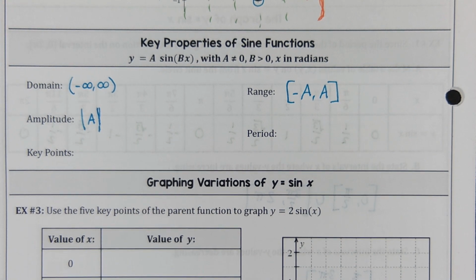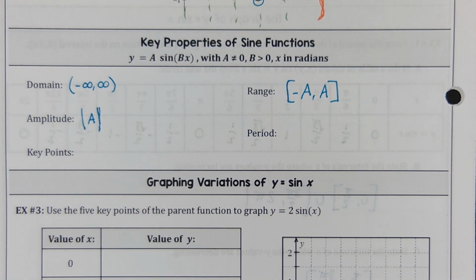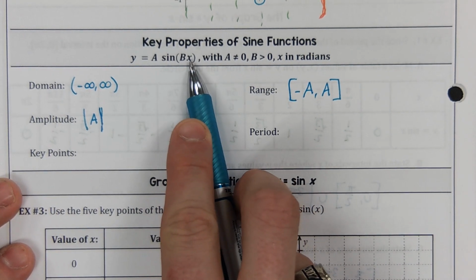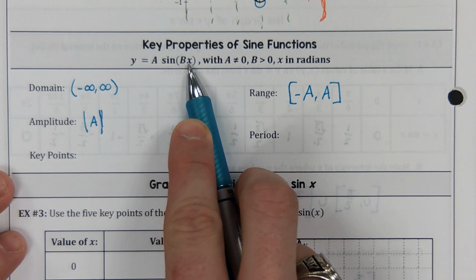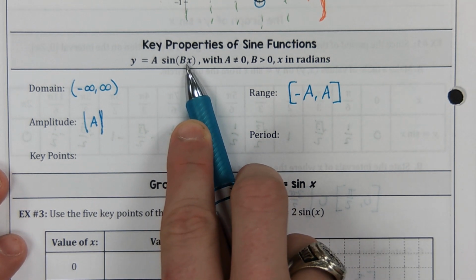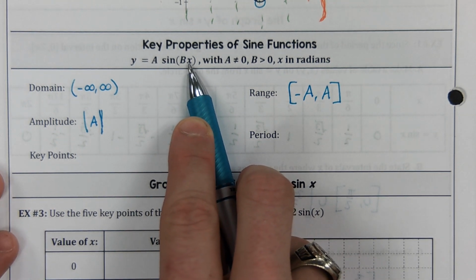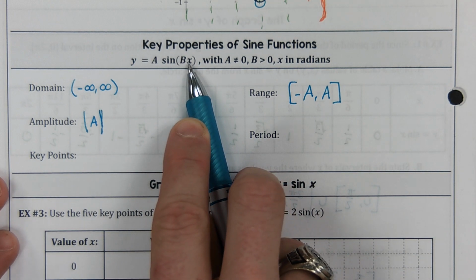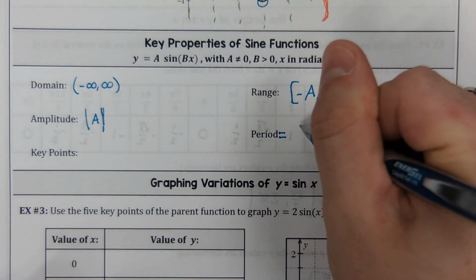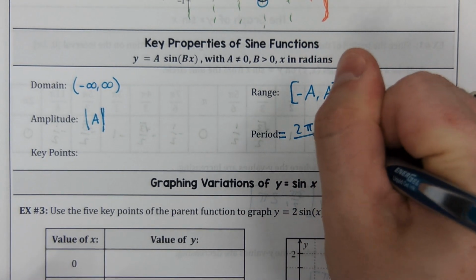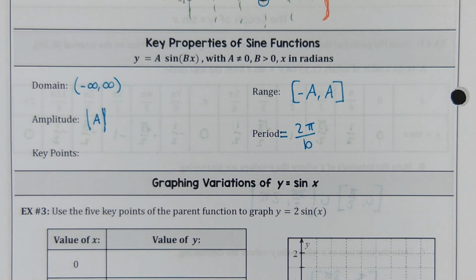The period is supposed to be 2 pi. This is a horizontal dilation. Horizontal, inside, opposite. So it looks like you're multiplying your x values by b. What are you actually doing to your x values? Dividing them by b. So since the period is supposed to be 2 pi, our period can be calculated by saying what it should have been divided by b.